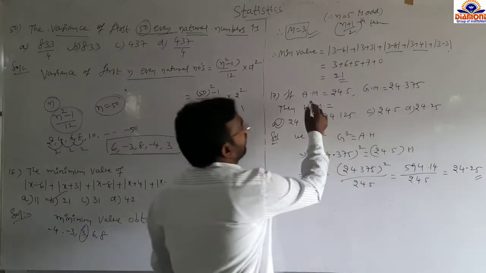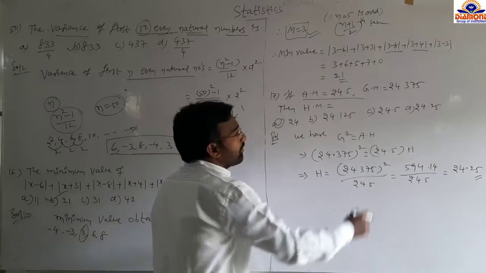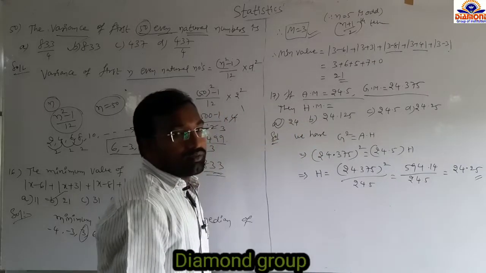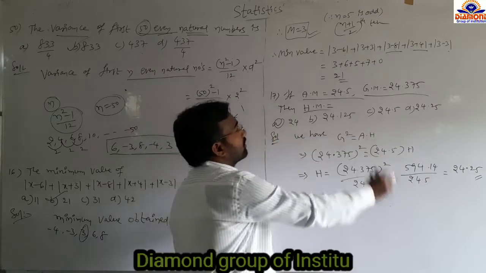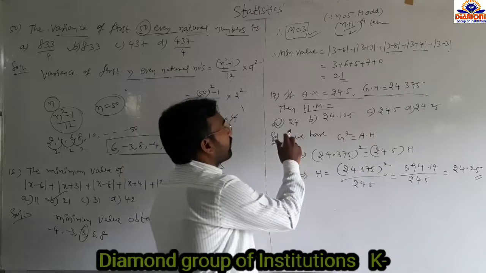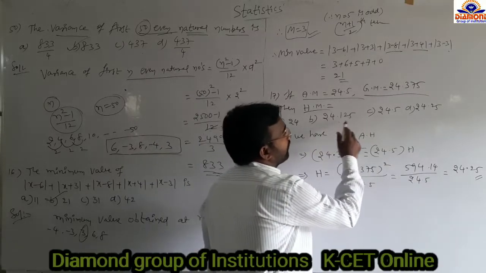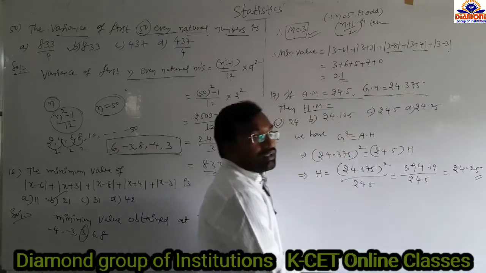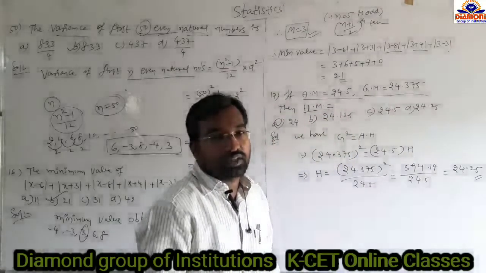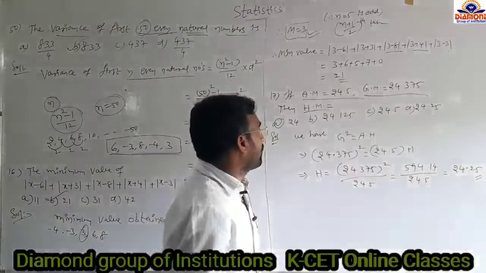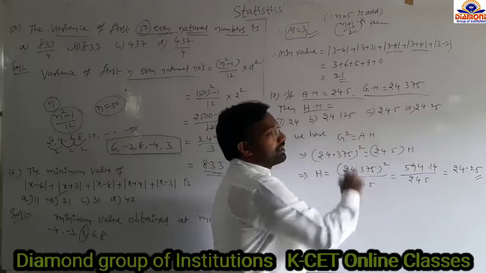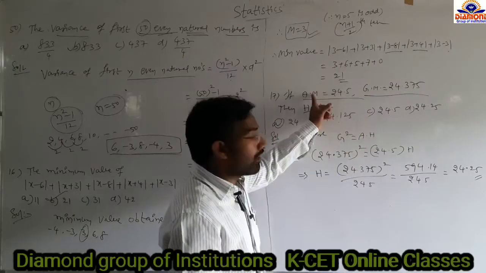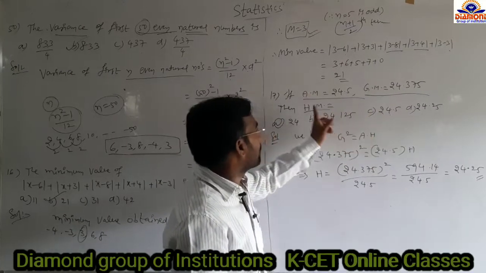Next question. If the arithmetic median is 24.5 and the geometrical median is 24.375, then the harmonic median H equals what? Option A 24, option B 24.125, option C 24.5, option D 24.25. The relation between arithmetic, geometric and harmonic median is G squared equal to AH. G indicates geometrical median, A indicates arithmetic median, H indicates harmonic median.